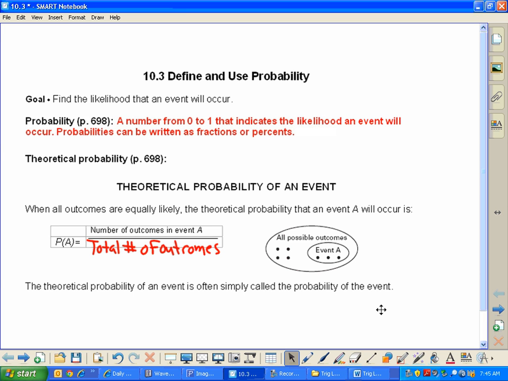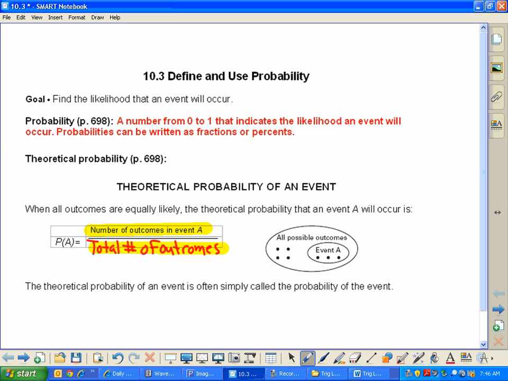When all outcomes are equally likely, the theoretical probability that an event, call it event A, will occur is this phrase up here. We have the number of outcomes in event A. We often call that our favorable outcomes over our total number of outcomes.